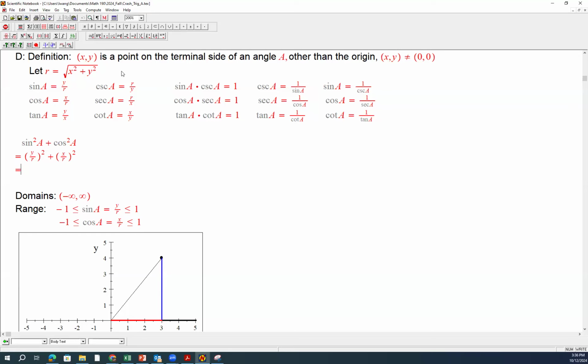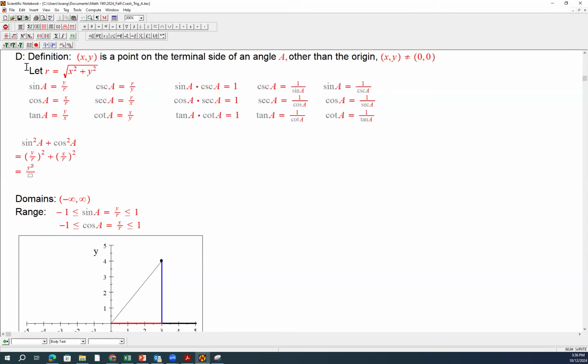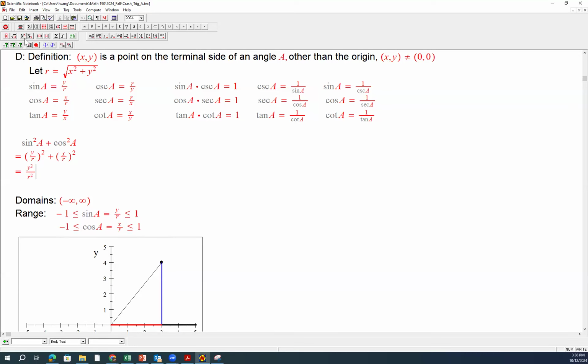And then what do we have now is y squared over r squared, plus x squared over r squared.